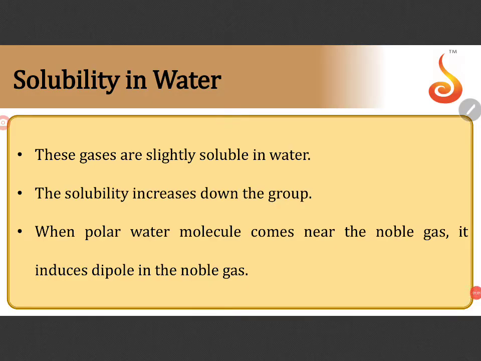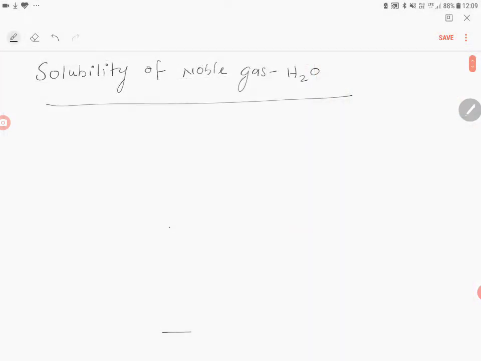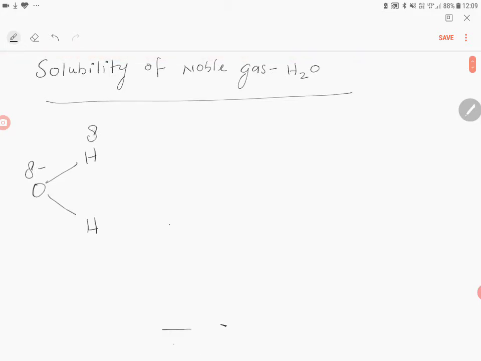There is an electron cloud distortion which takes place when we think about the solubility of noble gases in water. Now imagine that this is a water molecule. So oxygen has a partial negative and hydrogen a partial positive charge.